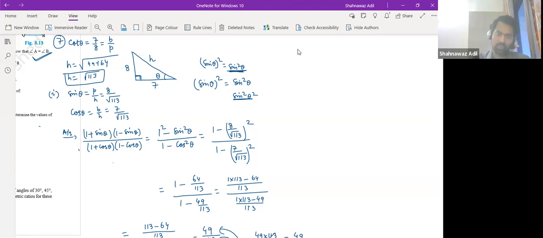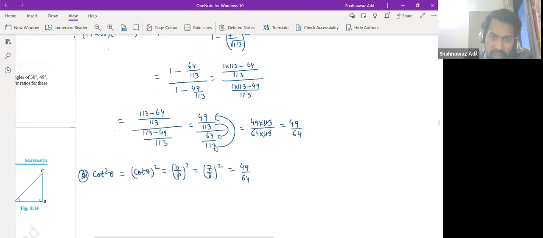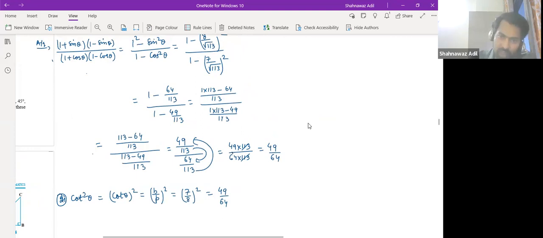When we multiplied 49 into 113 and 64 into 113, we cancelled the 113. It goes in the numerator because it is in the denominator of the denominator. Why did we cancel it? Because it is written in multiplication format.